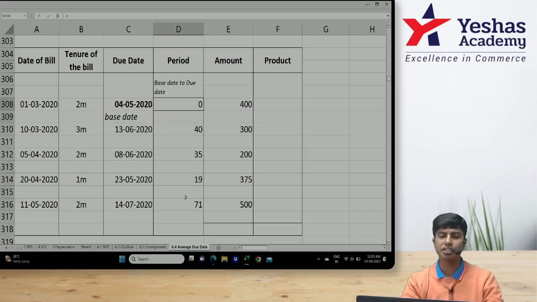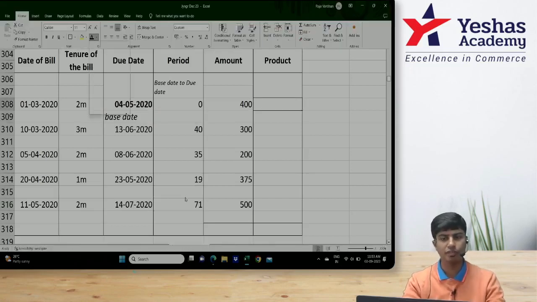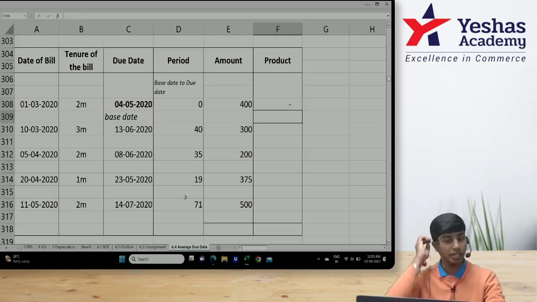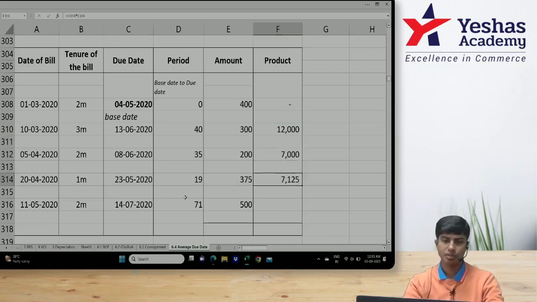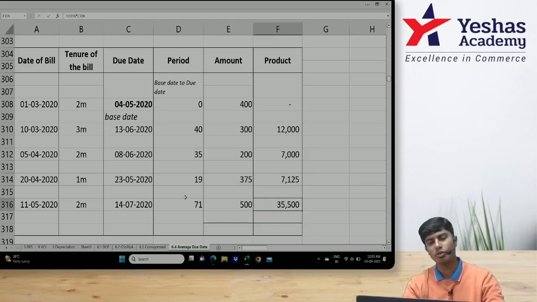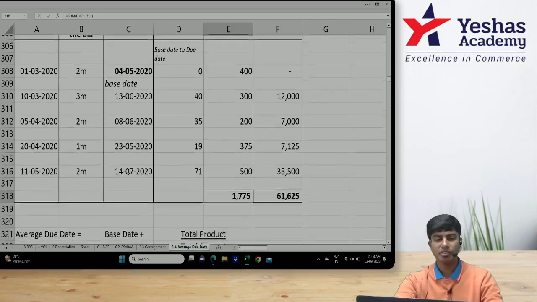Now, let's find the product. Shall we? 0 into 400. 300 into 40. 35 into 200, 7,000. 19 into 375. 71 into 500. Now find the total of the products and the total of the amounts. 61,625 and 1775.